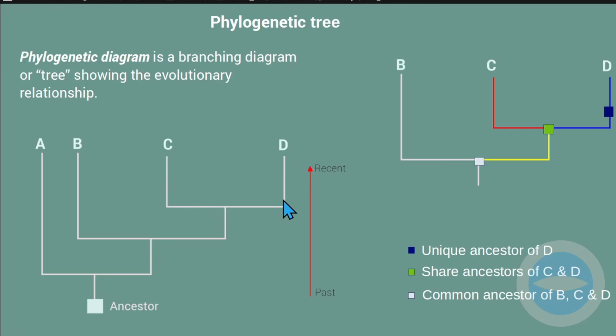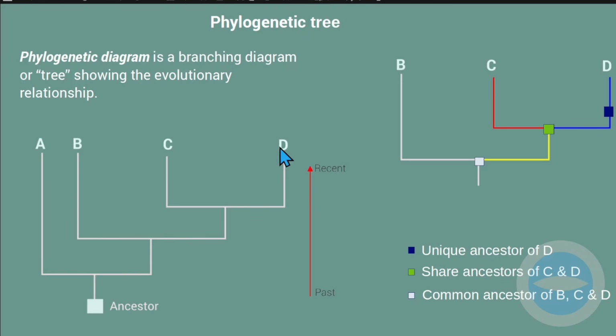During the exam, you might be asked which of the organisms is closer to D or closer to C. They might ask which one between B and D is closer to C, and you will say it is D. And if they ask which one between A and D is closer to B, as you can see, A is far.